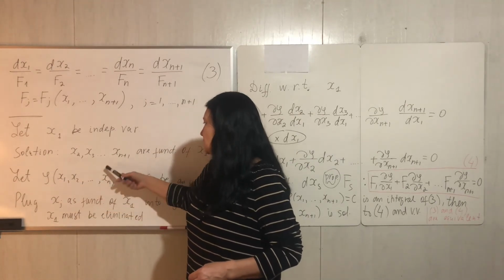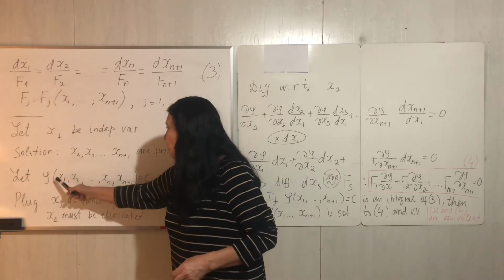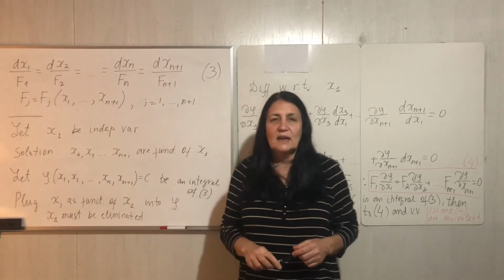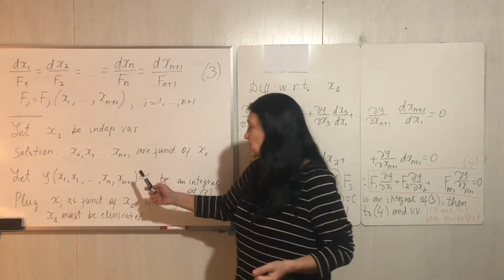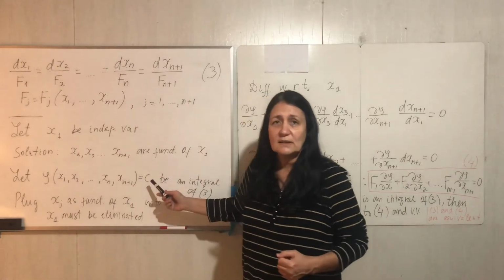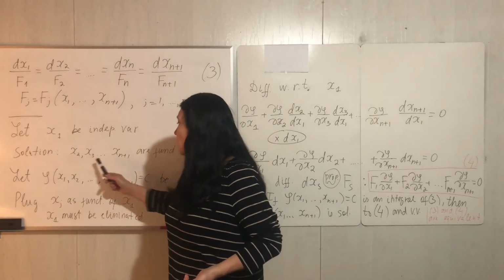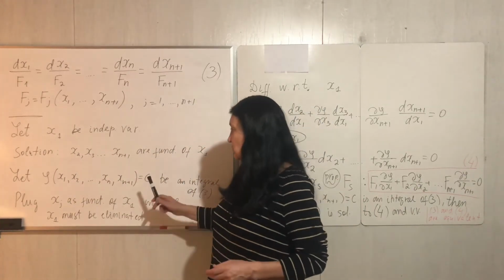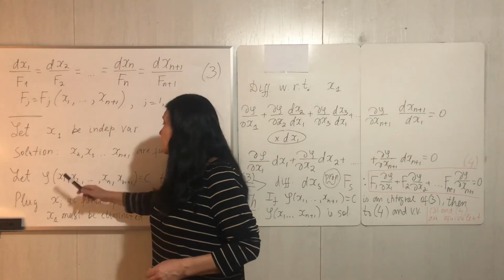Instead of each of them, we'll plug functions of x1. So the whole expression will have only x1. But the question is, does it have x1? Because what must happen? The whole thing must be equal to a constant. So if we do this, then x1 also must be eliminated, right? Otherwise we will not get a constant. So then here we will not have x1.